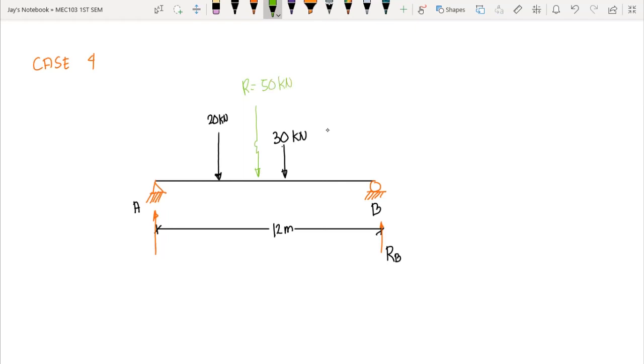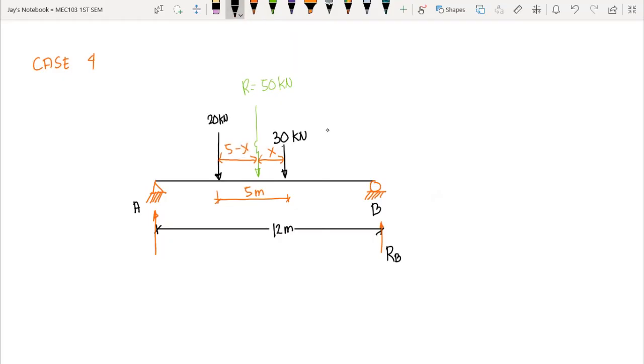And we determine the location of our resultant from 30. Let's say this is our x. We know that the distance between 20 and 30 kilonewton is 5 meters, from the given. So we have here 5 minus x.